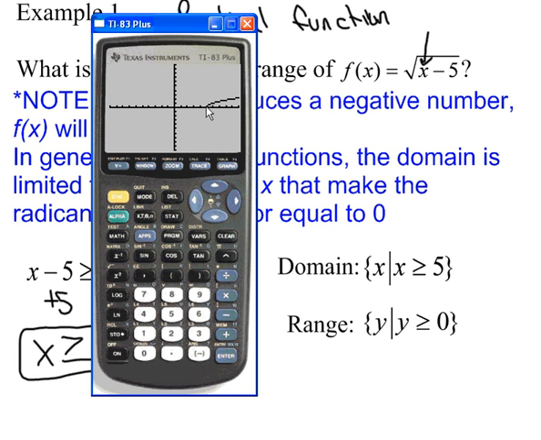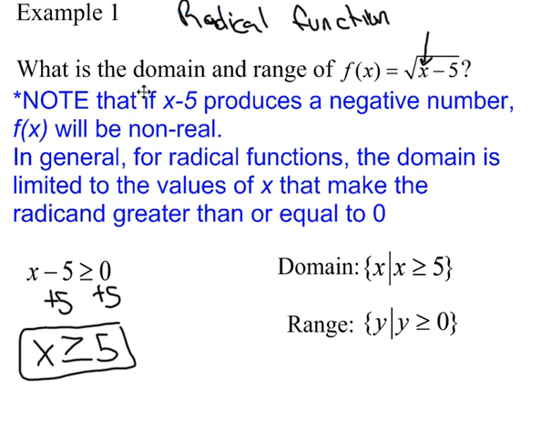See that? That's 5 right there. So the domain is x greater than or equal to 5. So that's why in the graph you only see x values for 5 or greater. It agrees with the range as well, from 0 all the way to infinity.